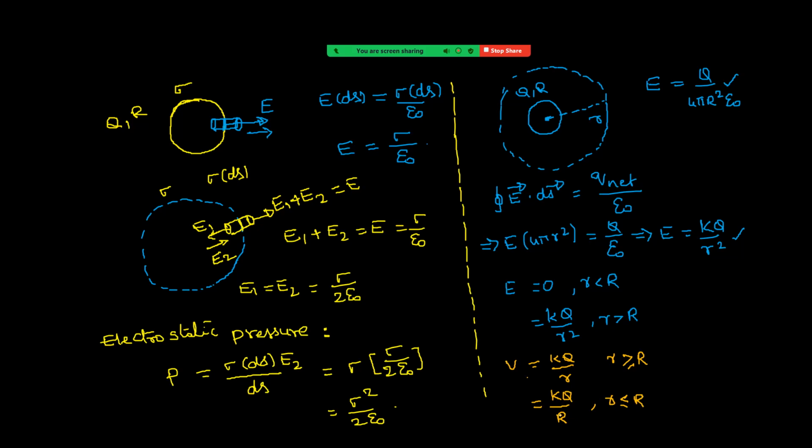That means the work done to move a unit positive charge from infinity up to any point inside the shell is equal to the work done to move a unit positive charge from infinity to the surface of the shell. Since both are the same, the potential at any point inside is equal to the potential on the surface of the shell.